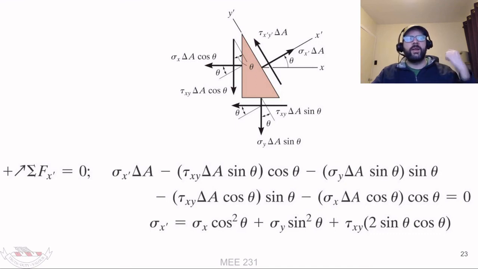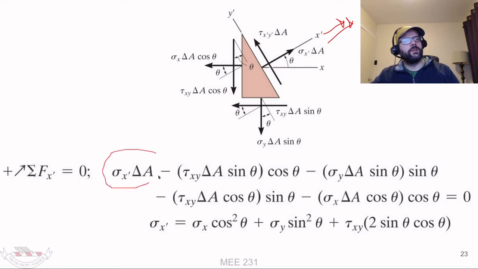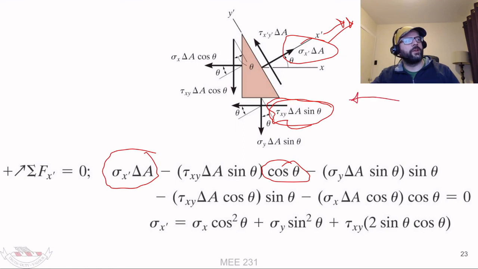So if we were adding up all the terms in the direction of the x prime coordinate system, so all the forces that are acting in this direction, you're going to get this force here, and you're going to get this force here times cos theta, minus that, obviously, because it's acting in the opposite direction.